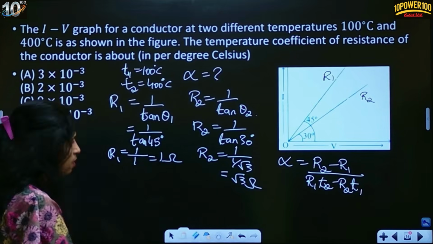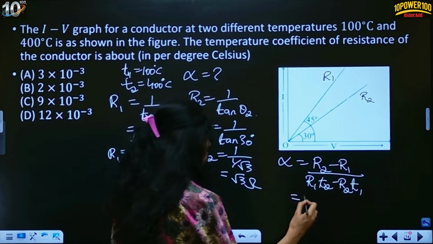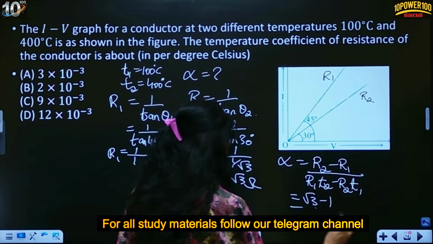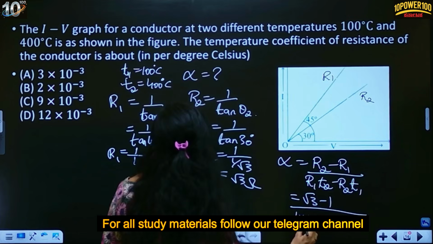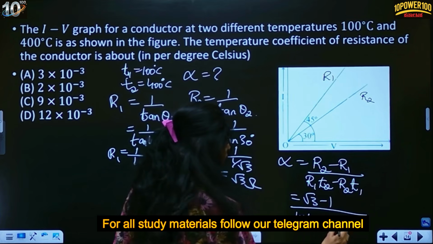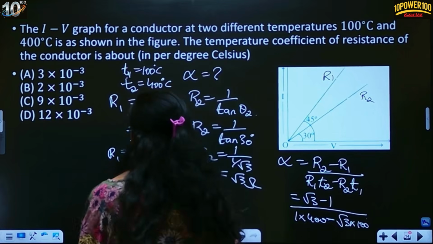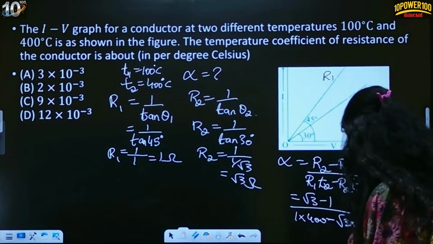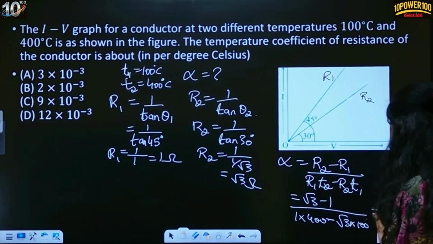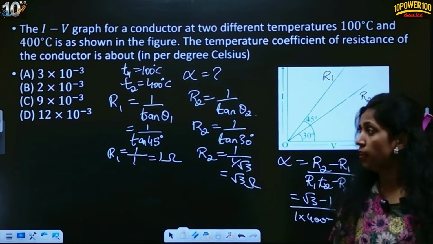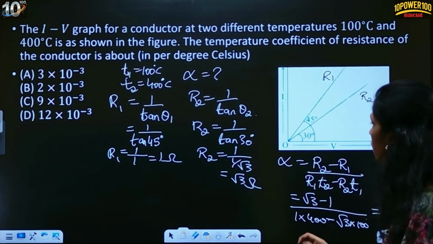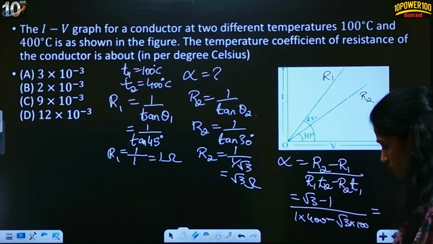That's it. Now substitute here. So what will you get? Alpha is root 3 minus 1 divided by 1 into T2, which is 400, minus R2, which is root 3, times how much, guys? 100 degrees Celsius. So what will be the answer, guys? You just calculate this. Just cross check once.